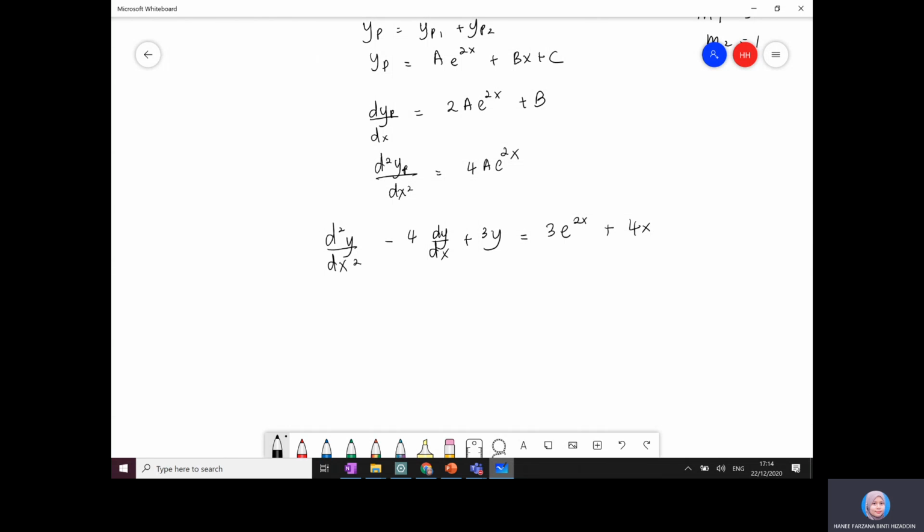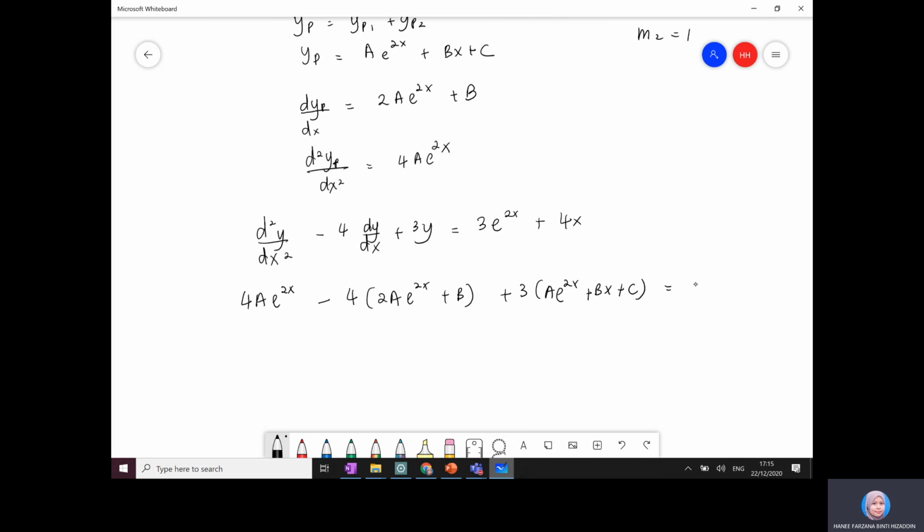So we put these values in. d2y/dx squared is 4a e to the 2x, minus 4 times dy/dx, which is 2a e to the 2x plus b, plus 3y, so 3 times (a e to the 2x plus bx plus c), equal to 3e to the 2x plus 4x.